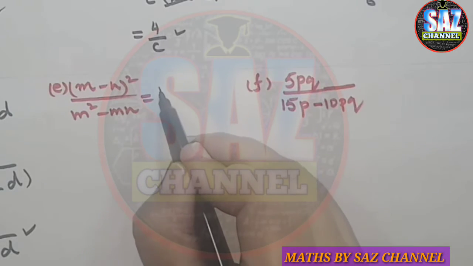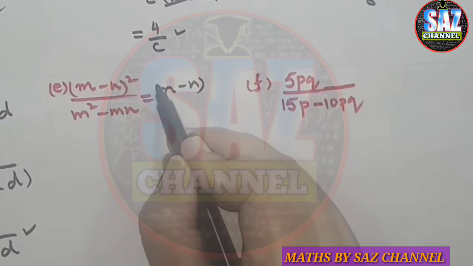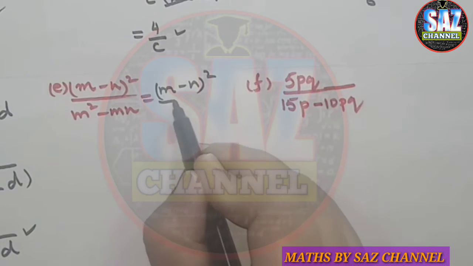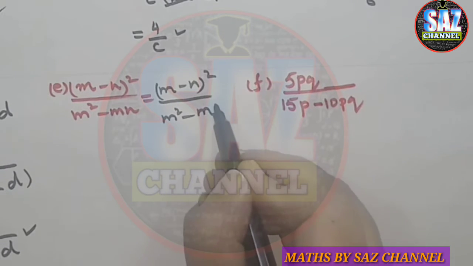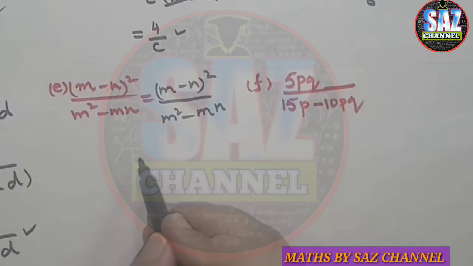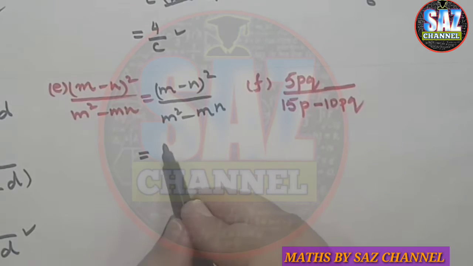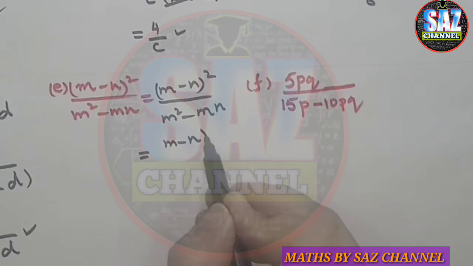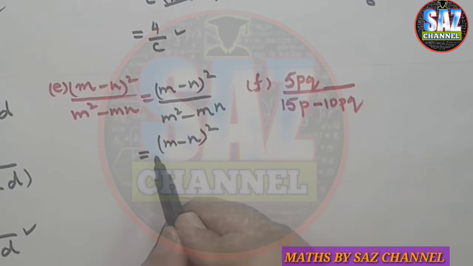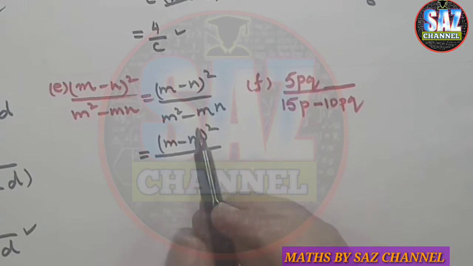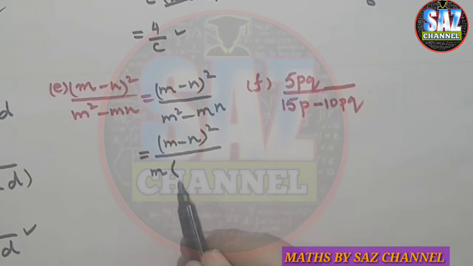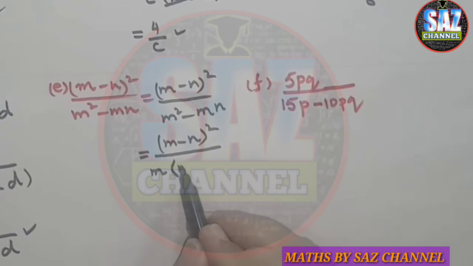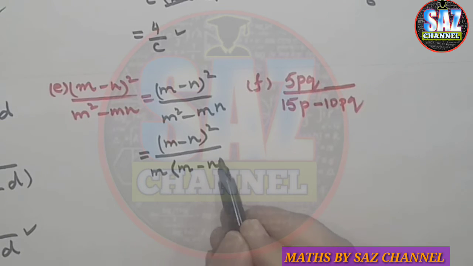Next question is m minus n whole square upon m square minus mn. Now what I have to do is write my numerator as it is, m minus n whole square. If you look at the denominator, I can extract m as a common factor, and inside the bracket at first place I will be left with m minus n.